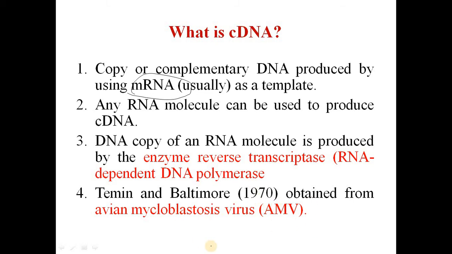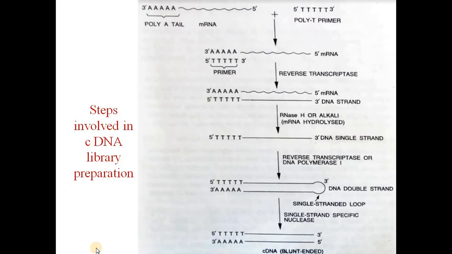The DNA copy of an RNA molecule is produced by the enzyme reverse transcriptase, or RNA dependent DNA polymerase. This enzyme is obtained from avian myeloblastosis virus, and it was first discovered by Temin and Baltimore in 1970. This figure gives you an idea about the steps involved in cDNA libraries.